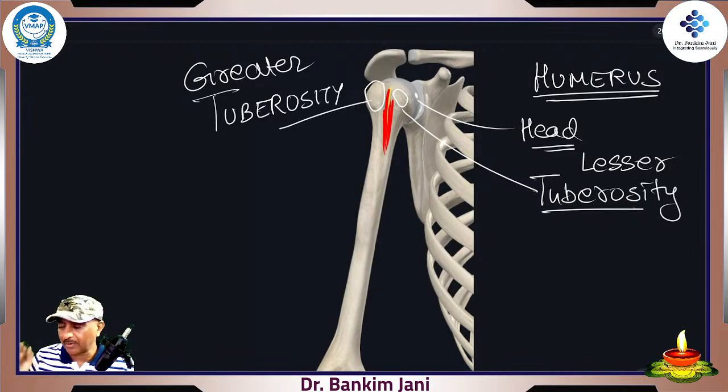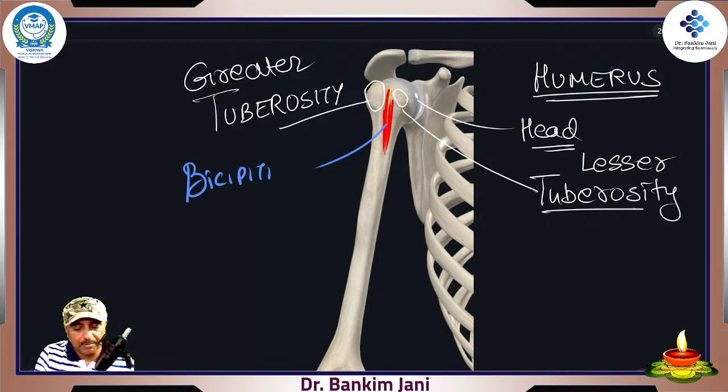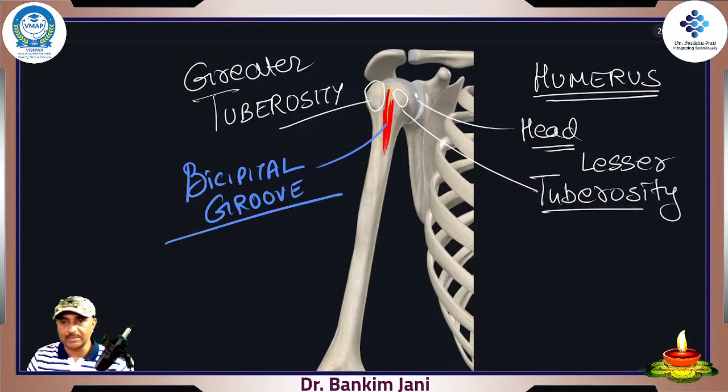More when we'll be talking about biceps. But remember, there is one tendon of biceps passing. So that's why, very nicely, it is called the bicipital groove. It is a groove, right? So it is called the bicipital groove.